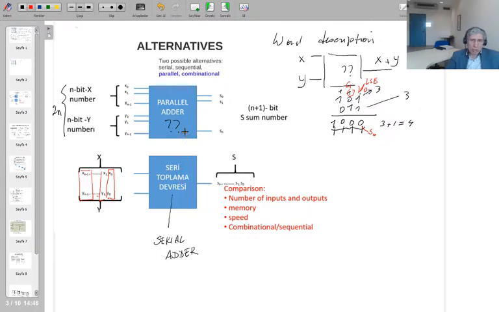But the thing is, you've got to have some additional elements which are called memory elements. Why do we need that? Because as we said here, when you add those bits, you're going to get a carry.